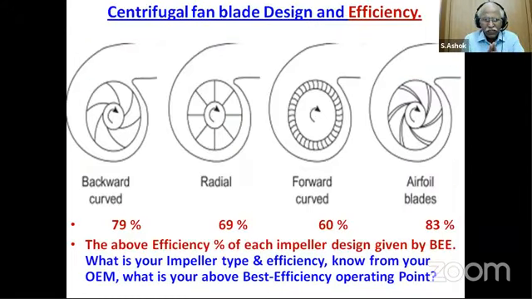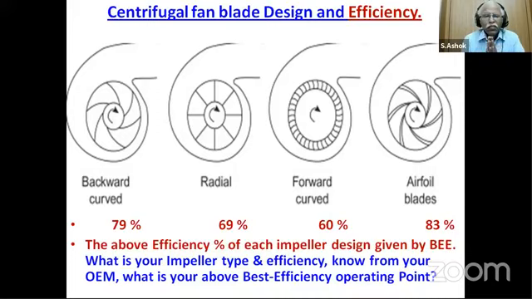Bureau of Energy Efficiency clearly dictates what types of impellers are to be used in the AHUs. We have seen in many of the energy audits in industries, somewhere in the air conditioning side, somewhere in the utility part of the industry, we are somewhere between backward curved and radial, modified radial we say. It is only around 60 to 65%, whereas the backward curved inclined is almost 79%, and the airfoil blades give the maximum efficiency of 83%.